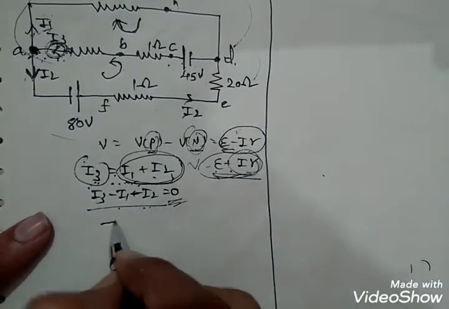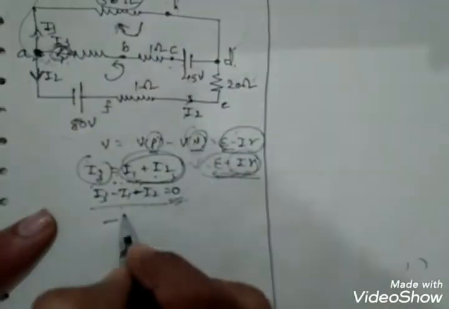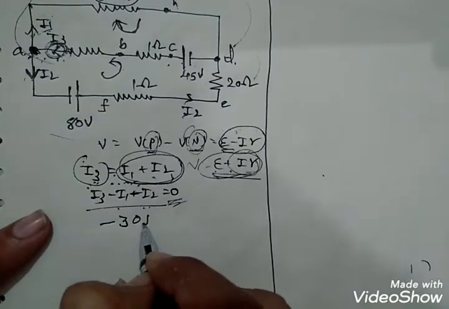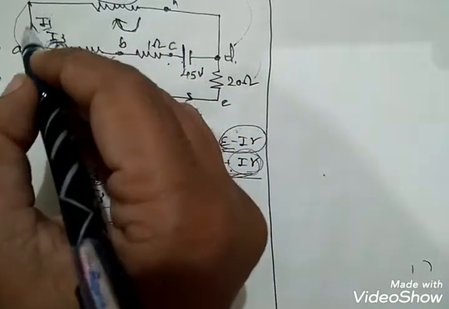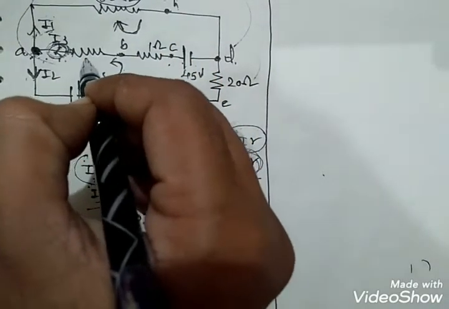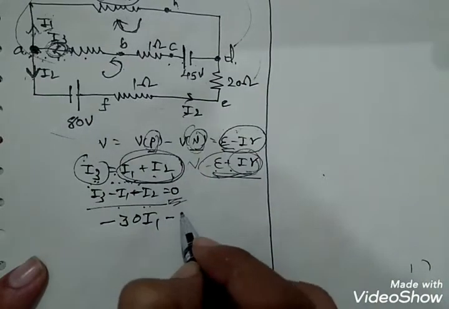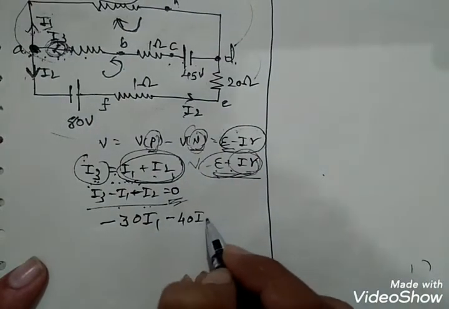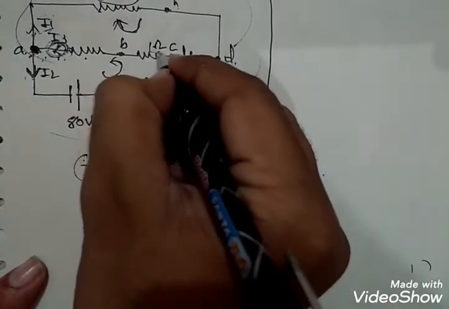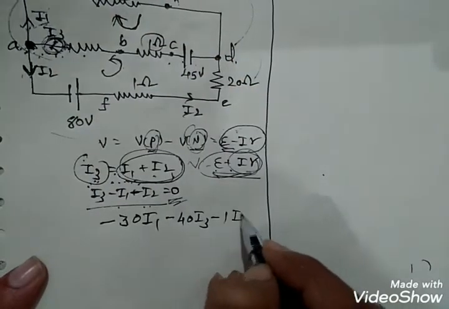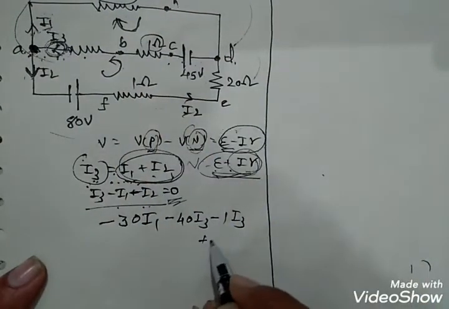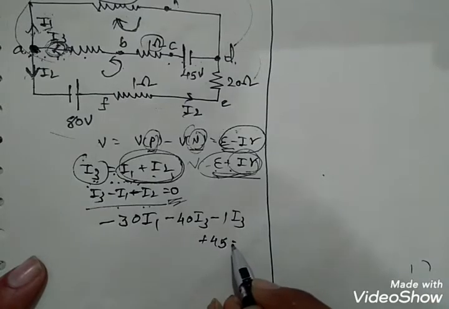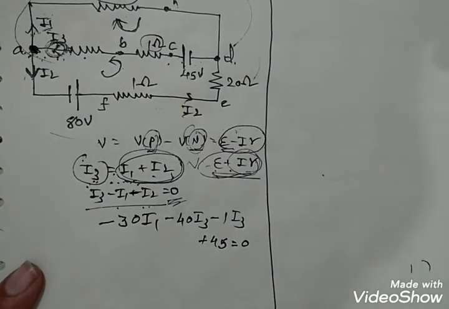Starting at A around the loop AHDCBA: minus 30 I1. Next is minus 40 I3, minus 1 I3, plus 45 is equal to 0.